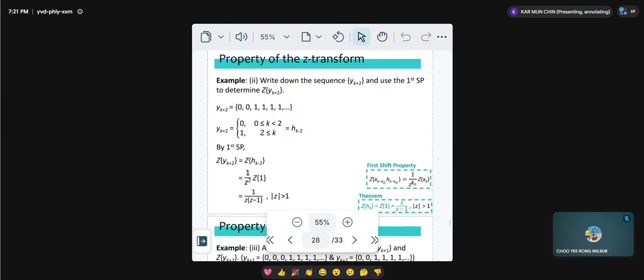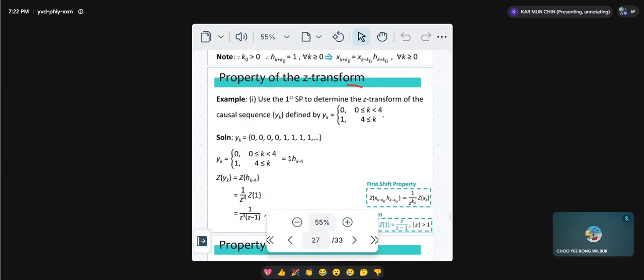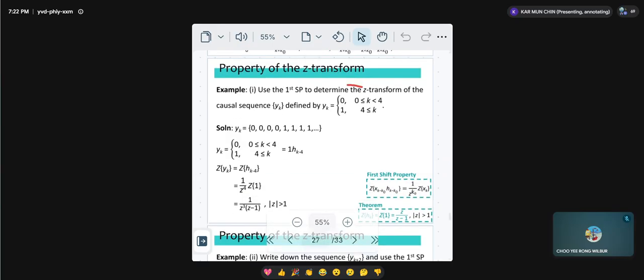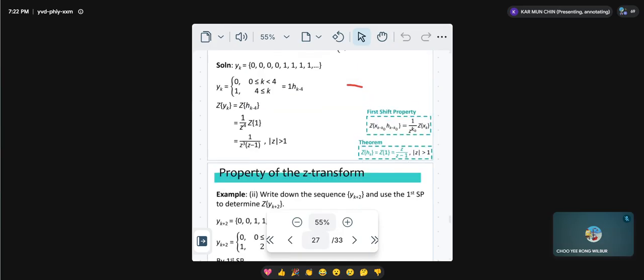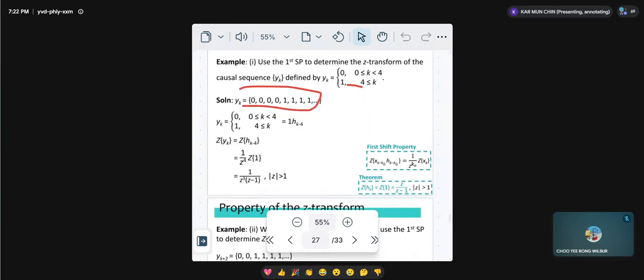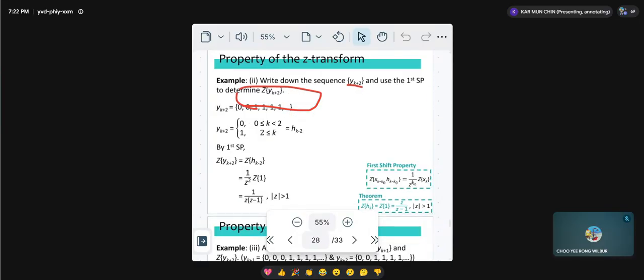Then we look at another example. Write down the sequence y(k plus 2) and use the first shifting property to determine the Z transform of y(k plus 2). Just now we know that this is the same question, one and continue with two. So this is the original sequence, but now they have plus 2.